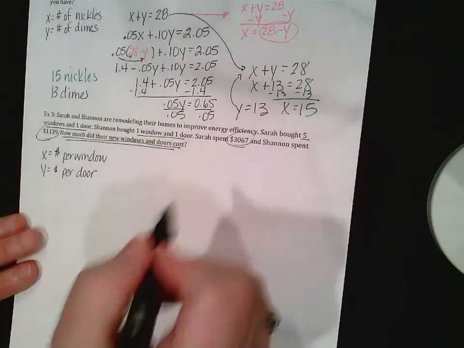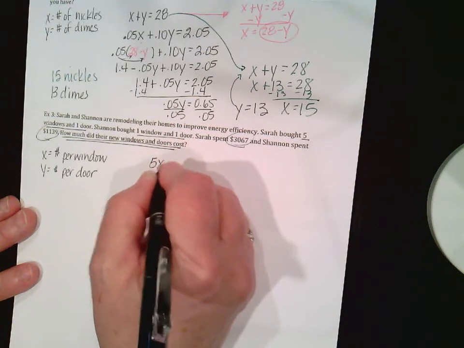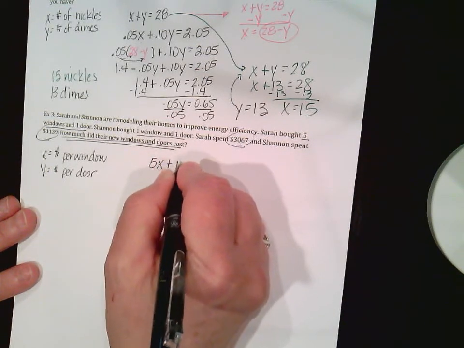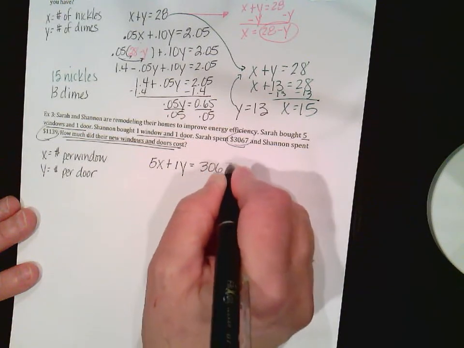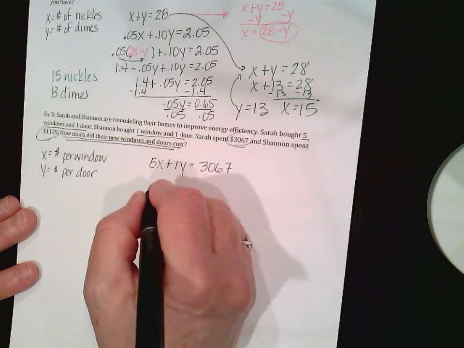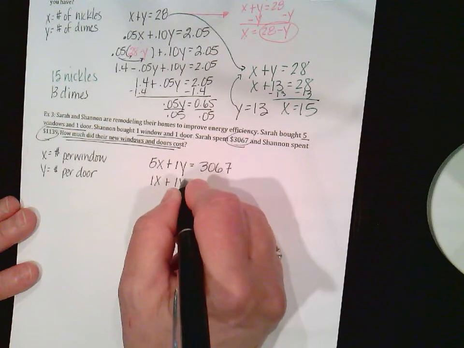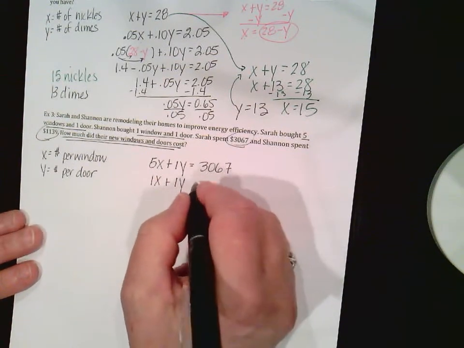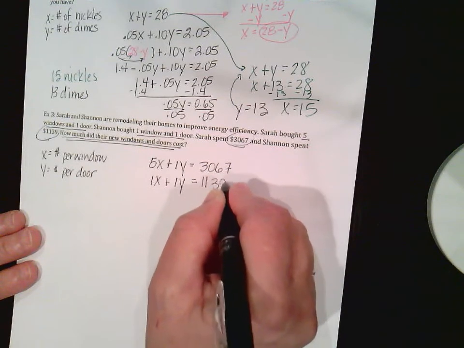And if I go back up, I know that Sarah had 5 windows and 1 door, and she spent $3,067. And Shannon bought 1 window and 1 door, and it costs $1,139.